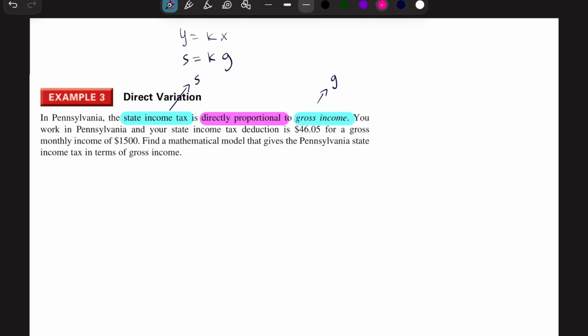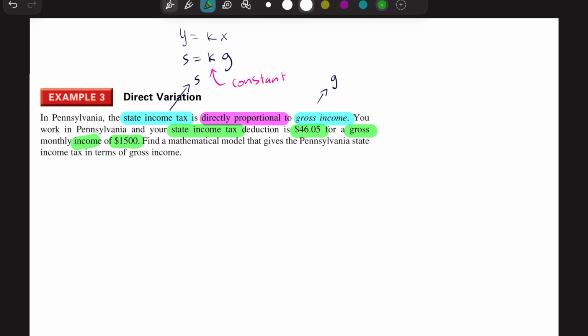So our goal here is to use the information. We want to solve for our constant of proportionality and then rewrite the model with that actual value for the constant in there based off of the information they give us. So the information they give us here is that our state income tax is $4,605 when our gross income is $1,500.